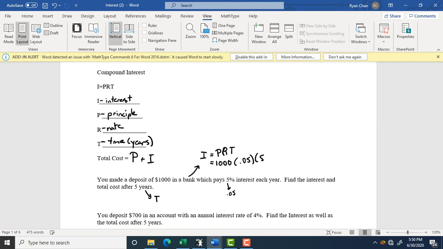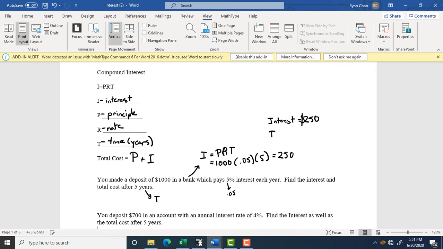So I'm doing 1,000 times 0.05 times 5. So I'll throw it in my calculator. And that equals 250. So my interest is $250. That's how much money I've accumulated or I've added on.